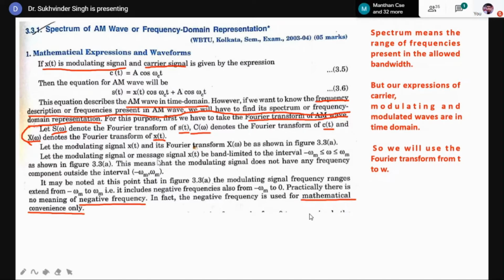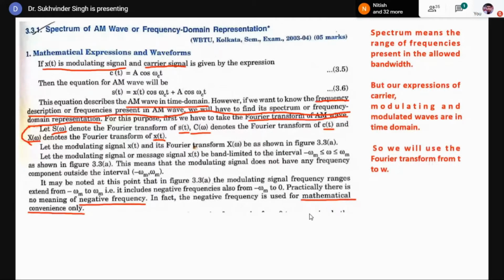So small xt, small ct, small st are the modulating signal, carrier wave and modulated signal in time domain. We want to convert these into frequency domain, given by capital X omega, capital C omega, capital S omega for the modulating signal, carrier wave and modulated signal.